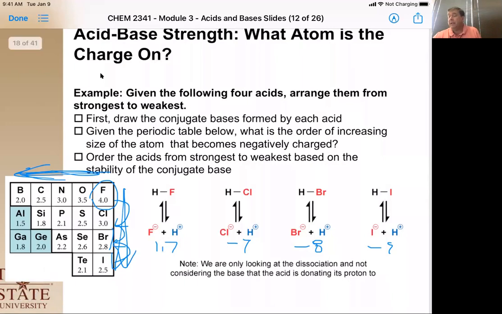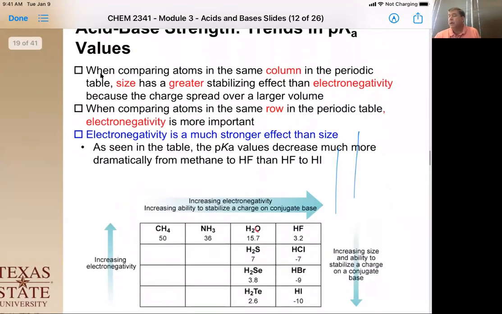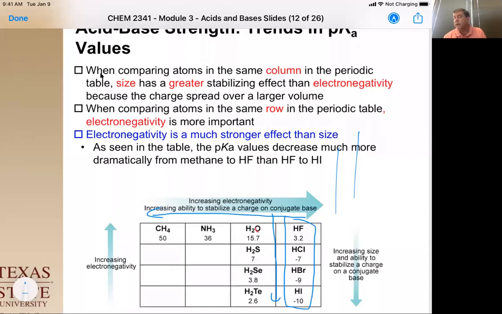Okay? And for my last slide, I want to show you this one right here. This is a good demonstration of electronegativity versus size. So if we move one over, we've already looked at these. Oh, I was one off. Okay. Water is about 15, going down to sulfur, which is twice as big. It goes to 7.